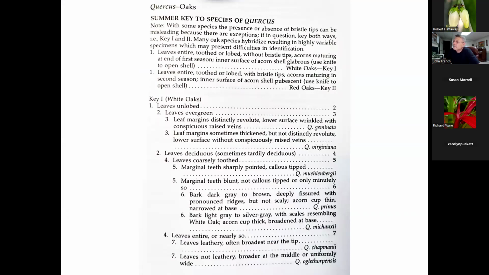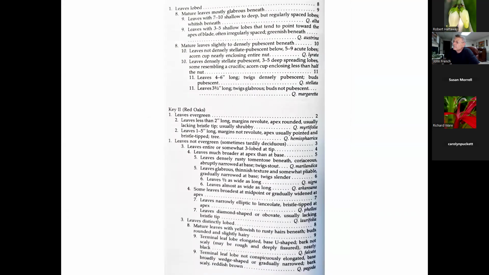So, leaves unlobed? No, they're lobed. So we go to this. I apologize for these, folks. I was too lazy to use my scanner, so I just took these pictures with a phone, and they're kind of distorted. I hope everybody can see this. Yeah, it looks okay on my screen. Leaves lobed.